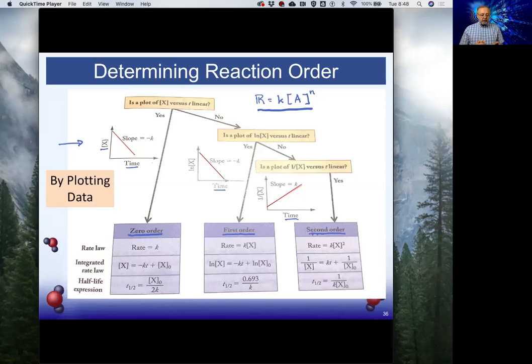And when you raise anything to the power of 0, it gives you 1, which means that the rate of the reaction is going to be equal to the rate constant. And so you will see the reaction going at the same rate all the time until it's exhausted.